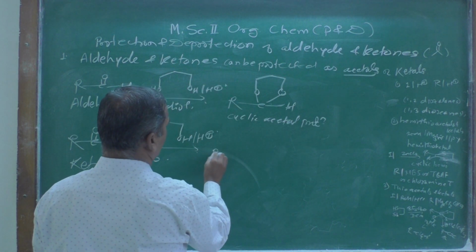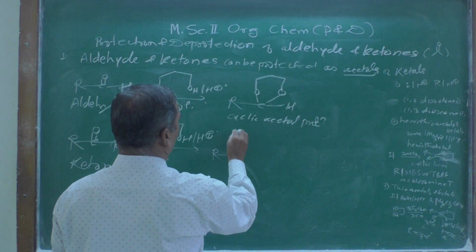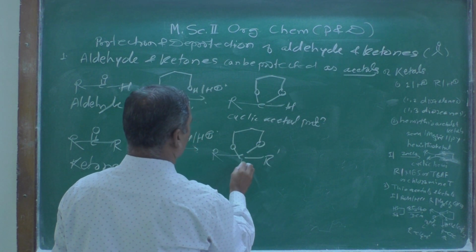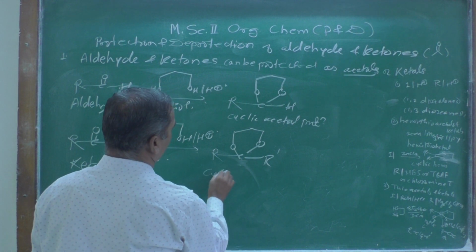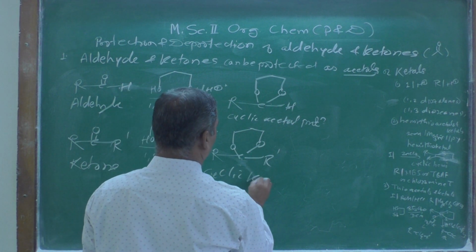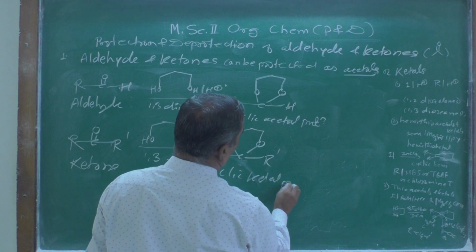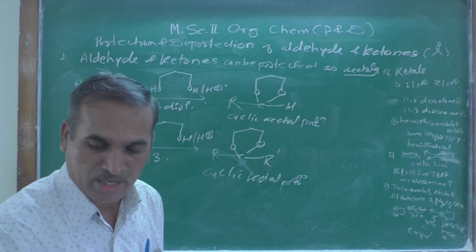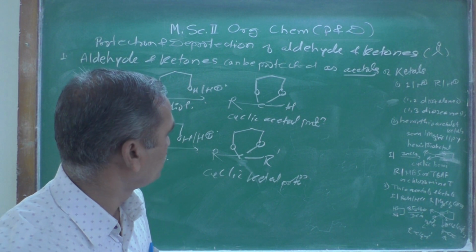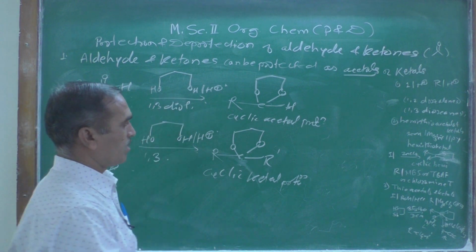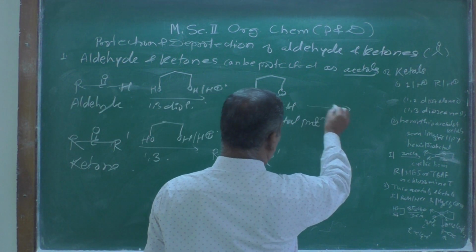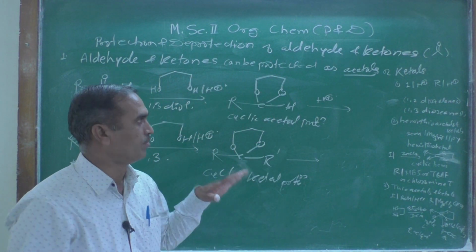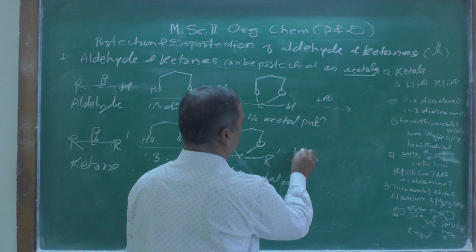And now in this case R, then O, this one, and R dash, this is a cyclic ketal protection, and the mechanism is similar to whatever we have seen for 1,2, it remains the same, and the mechanism of deprotection also is the same, and this group can be removed under acidic condition H plus.